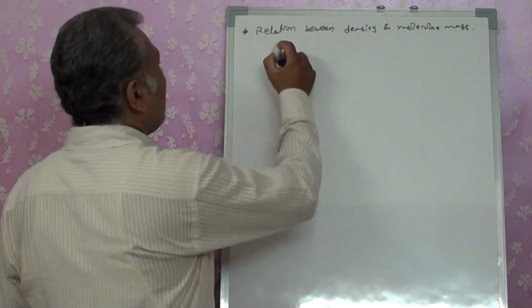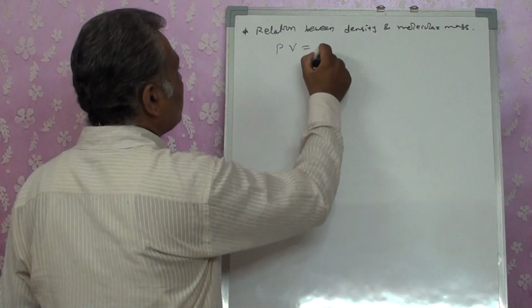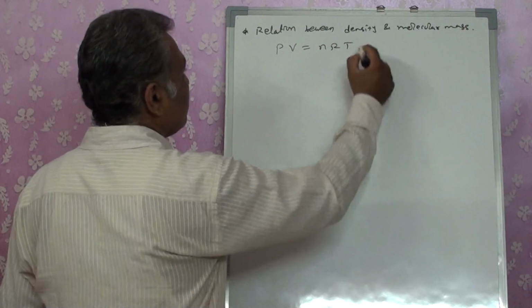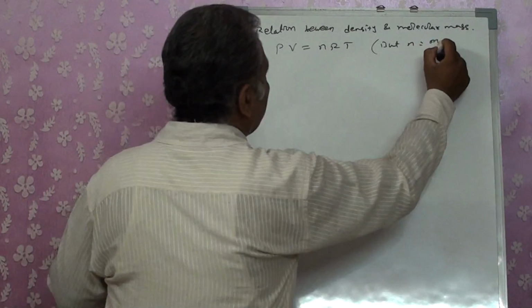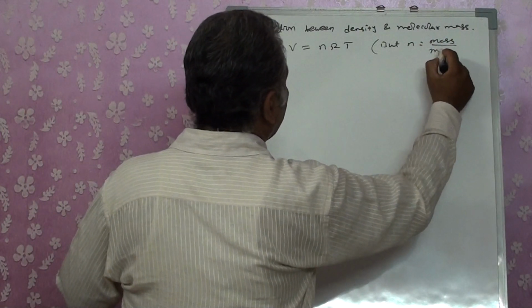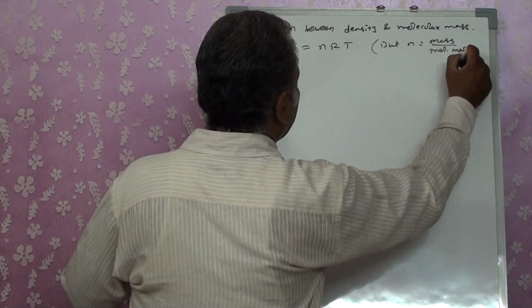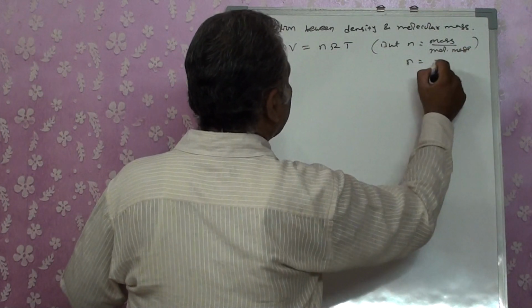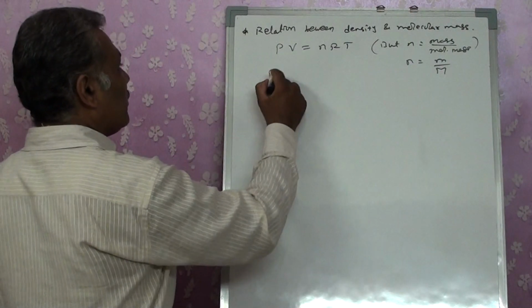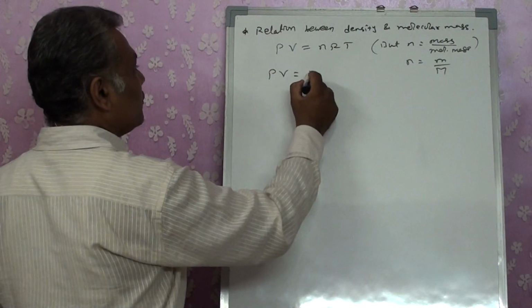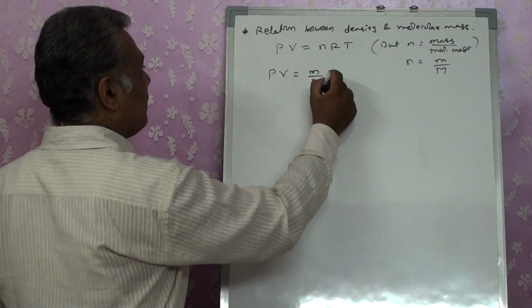So PV is equals to nRT, but n is equals to mass upon molar mass, that we write as small m upon capital M. Substituting the value in this equation, PV is equals to m upon capital M RT.